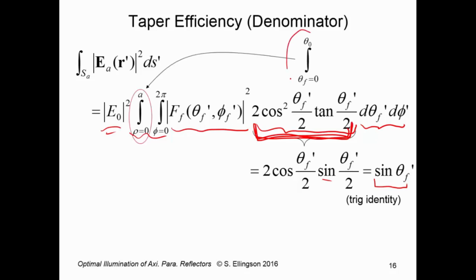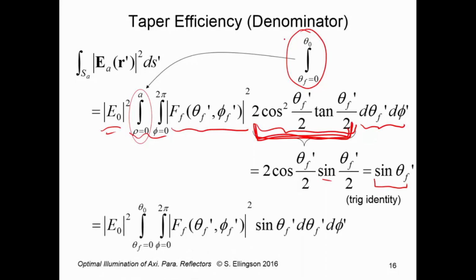We can play the same trick with restating the limits of integration. And when the smoke clears, we get this expression for the denominator of our taper efficiency expression. Magnitude E naught squared, and then this integral, which is relatively simple looking.